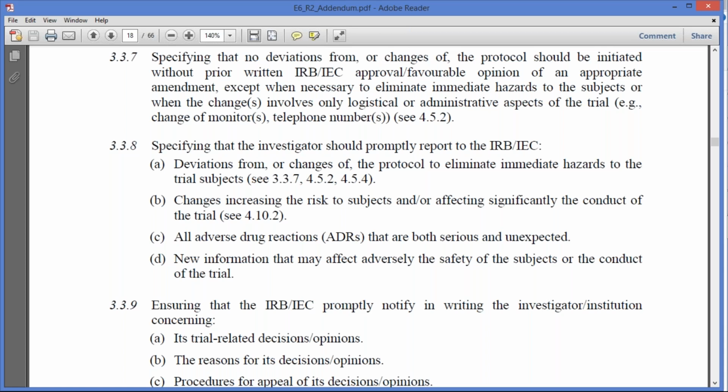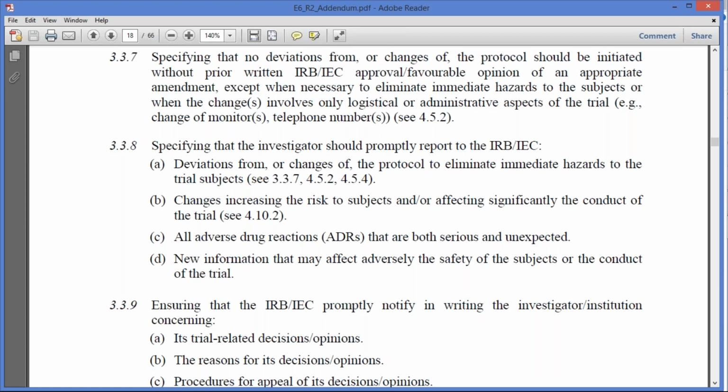Changes increasing the risk to the subject or affecting significantly the conduct of the trial. ADRs which are both serious and unexpected. Any new information that may adversely affect the safety of the subject or the conduct of the trial.